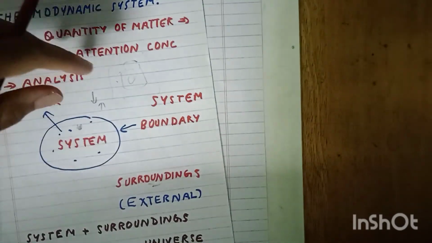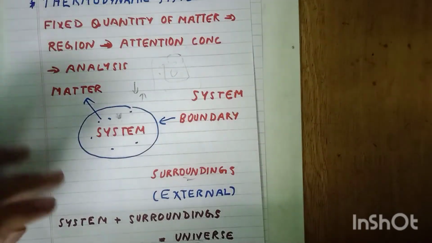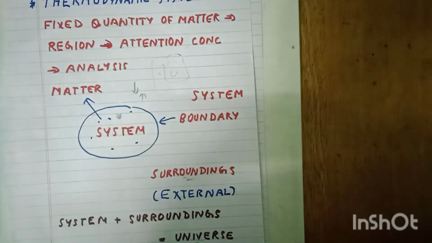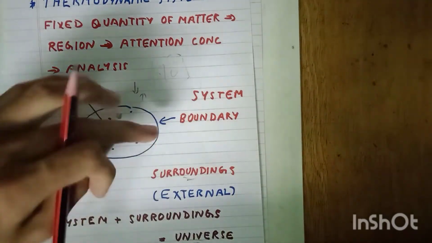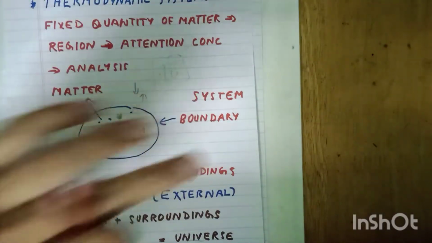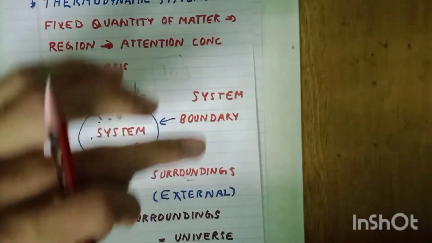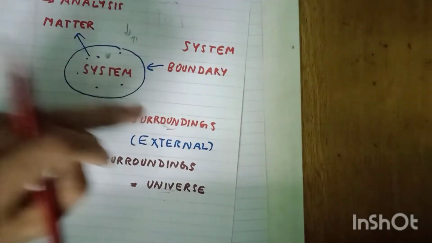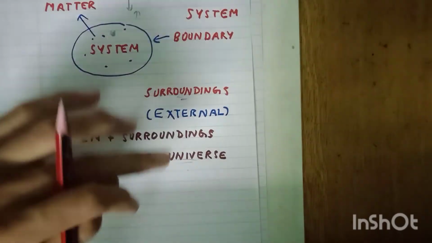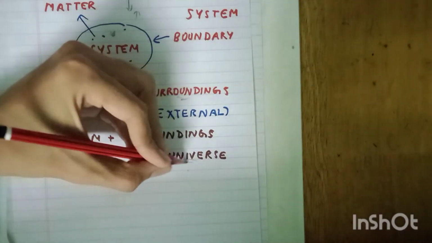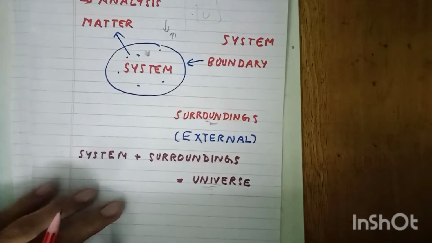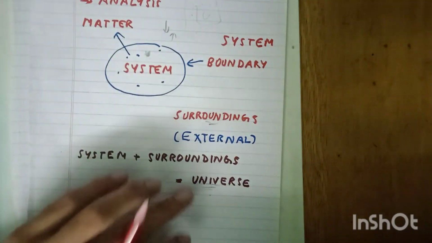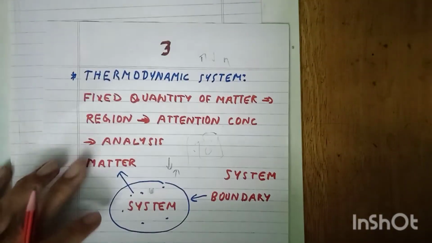That outside the system is known as the surroundings. The system and surroundings are separated by a border known as the system boundary. Normally we don't take the boundary, but the system and surroundings together equal the universe. This is the thermodynamic system.